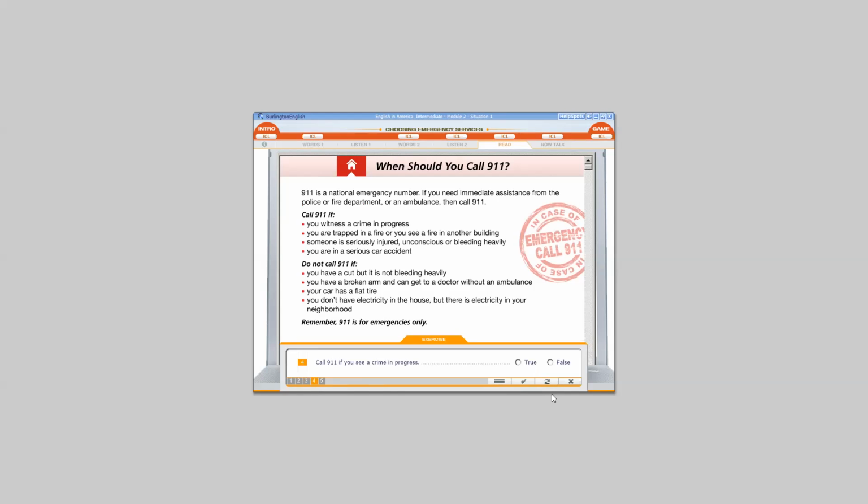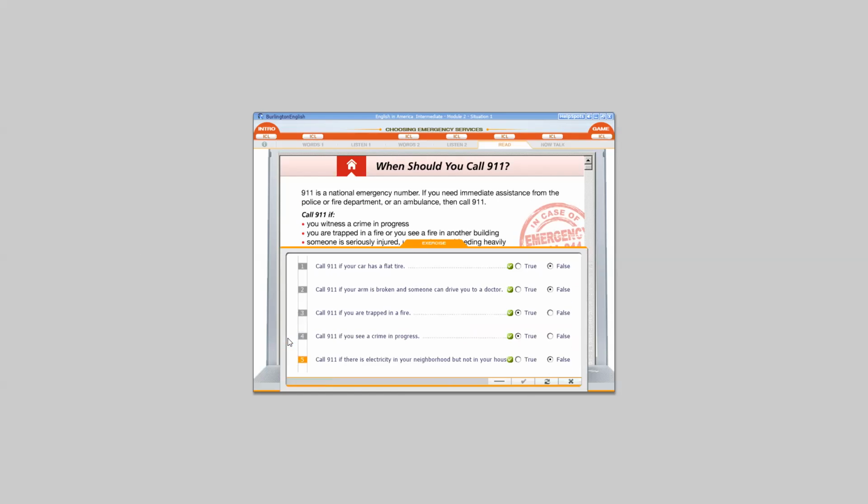Is that true or is that false? True. And let's look at number 5. Call 911 if there is electricity in your neighborhood but not in your house. True or false? That is false.